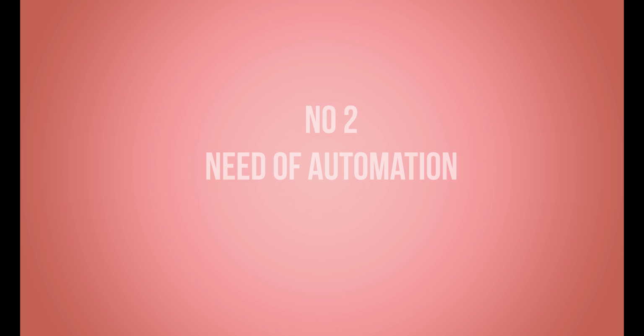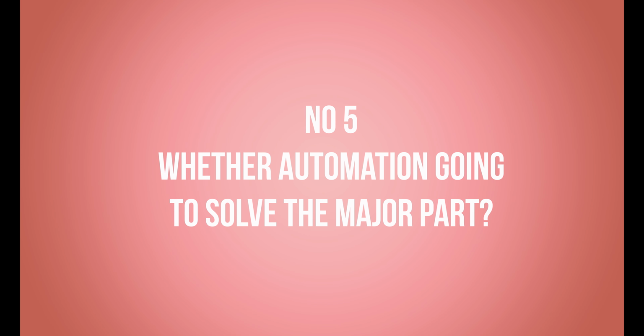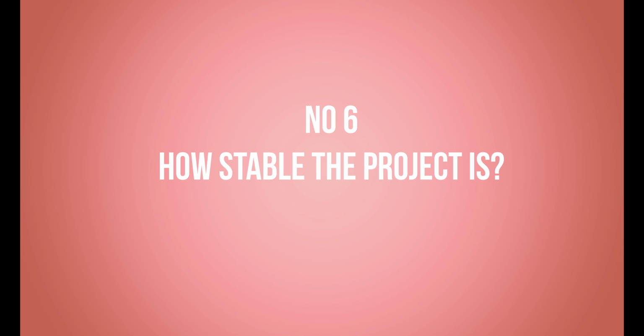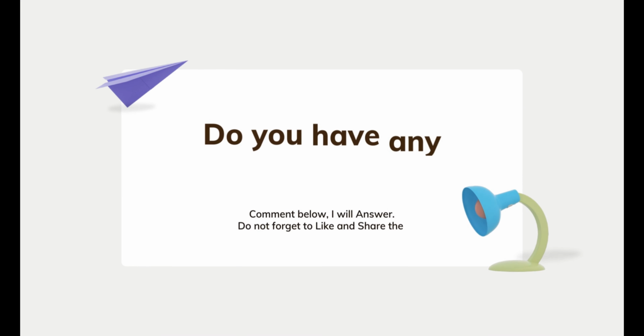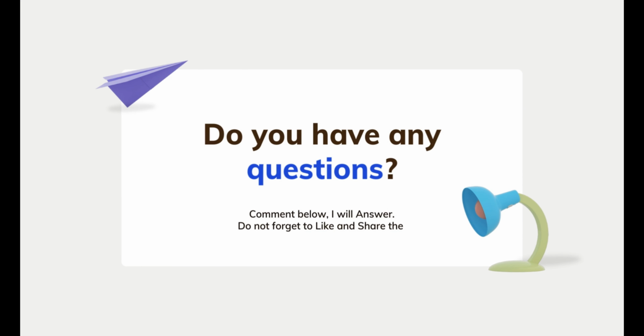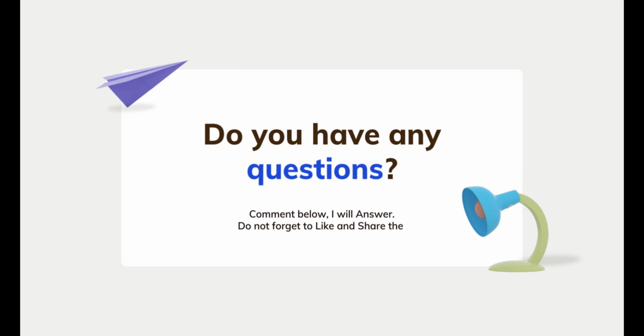First of all, we need to check how big the project is, what the requirement of testing in the project is, whether automation of testing is going to solve the major part of the project or not, how stable the project is, what the budget of the project is, what type of testing will be performed, and what the test frequency is. So you need to consider all these points as well and then select the testing tool.